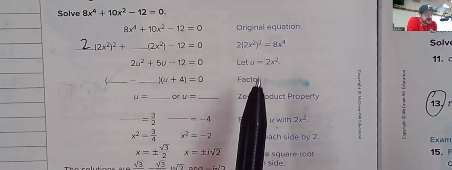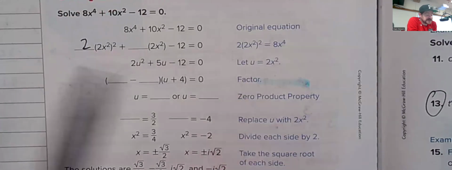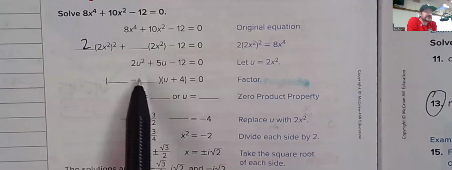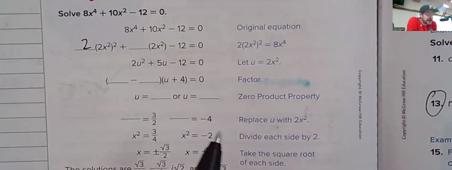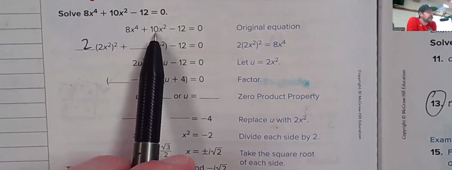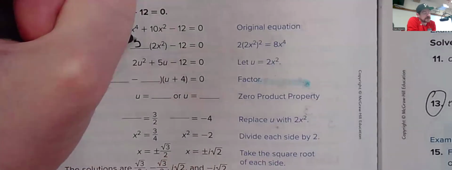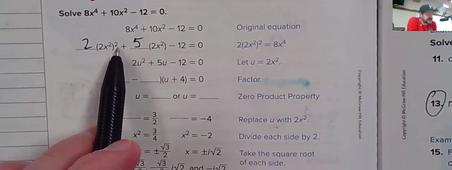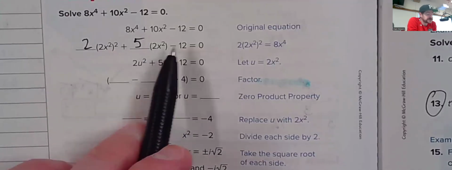And since we're saying that our value of u is equal to 2x squared, that's essentially what we're doing here. And we'll talk about that in a second. We're going to do some substitution here in a moment. What do you have to multiply 2 by to get it back to 10? Bless you. 5. So we've got 2 times 2x squared squared plus 5 times 2x squared minus 12 equals 0.